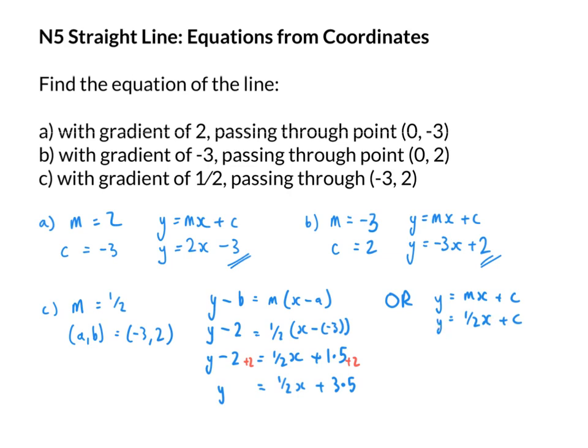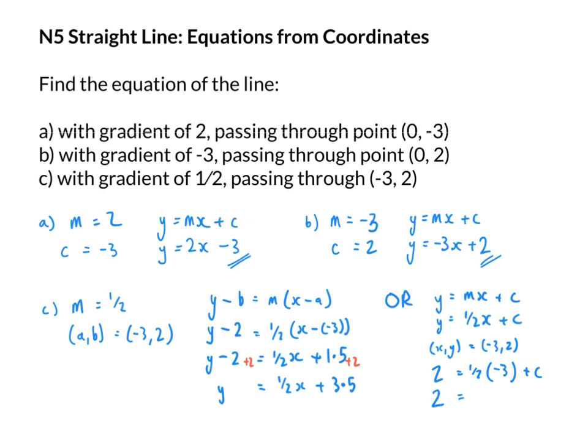So I could think of my point (x, y) equals (minus 3, 2). So I could swap a y for 2, equals a half of x, I can swap for negative 3, plus c. And I can work my way through this.